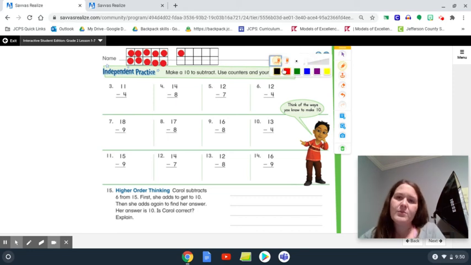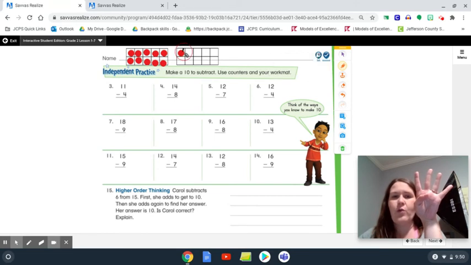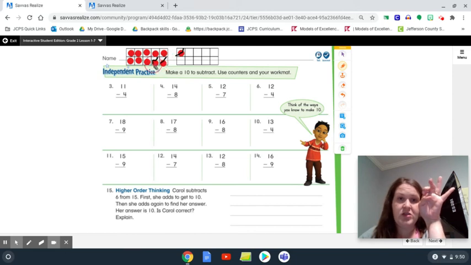And then I'm going to switch to my pencil. And I have to take away 4. So I'm going to hold up 4 real fast. If I take away 1 to make myself a 10, how many more do I need to get rid of now? 3 more. So let's go. Ready? 1, 2, 3.